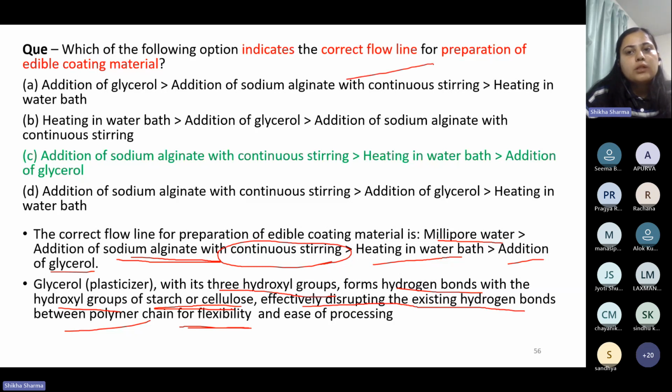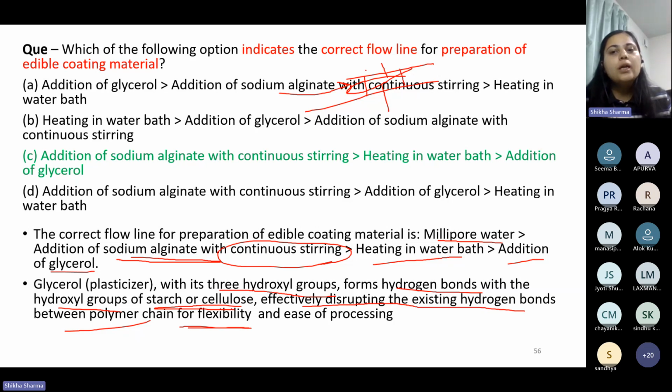So if there is this chain of polymer and this chain of polymer bonded with hydrogen bonds, the plasticizer will go inside and form bonds with this chain and this chain. Some plasticizer will form bonds with the upper chain and some with the lower chain.